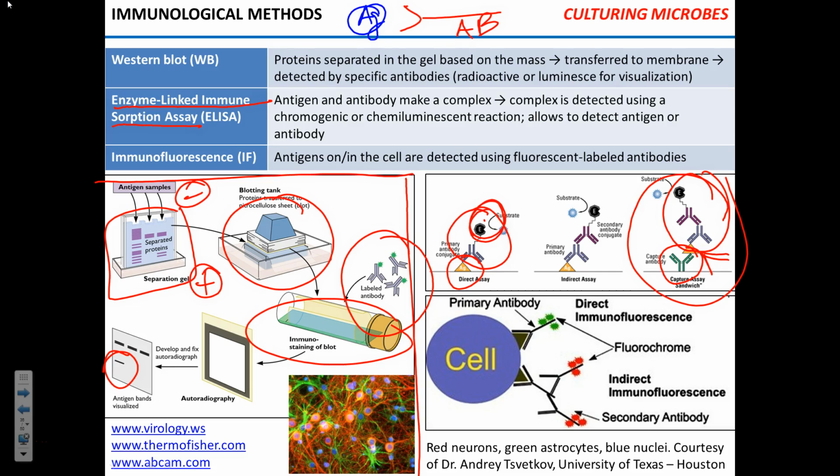Does that make sense? So if you want to do that, most of the companies will sell something like that for detection of, I don't know, influenza antigen or HIV. HIV test is based on ELISA. You can buy plates. They have 96 wells, and you can put samples in each of those 96 wells.